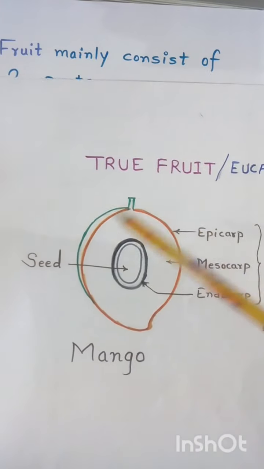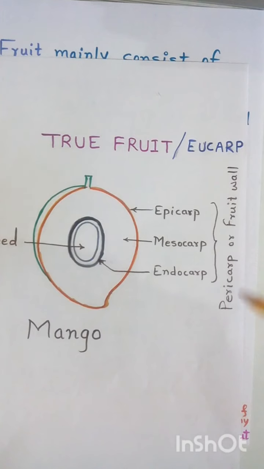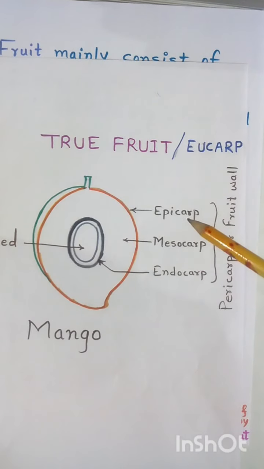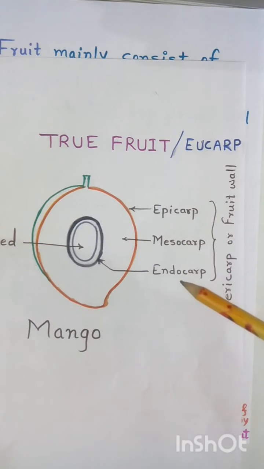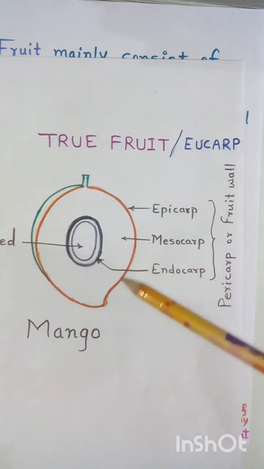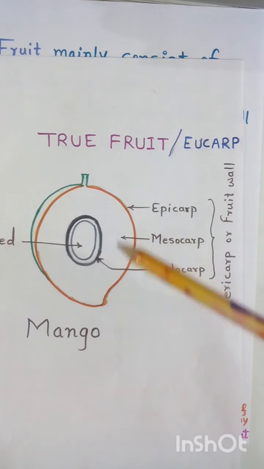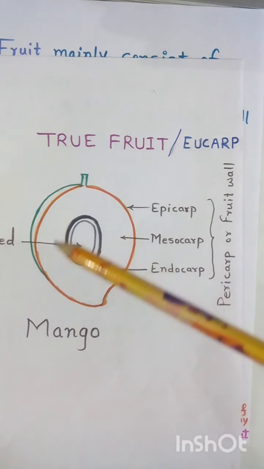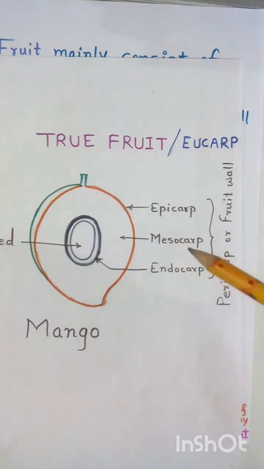So this is the diagram of a mango in which the pericarp is subdivided into three parts: epicarp, mesocarp, and endocarp. The outermost layer is called epicarp. This middle part, the edible or juicy part of the fruit, is called mesocarp.